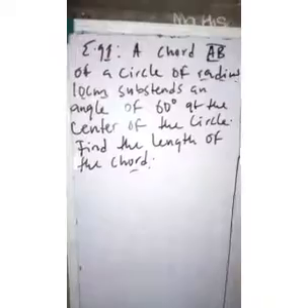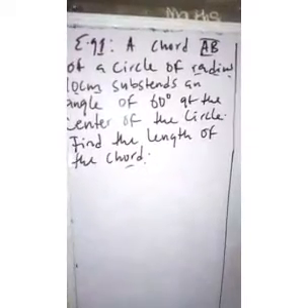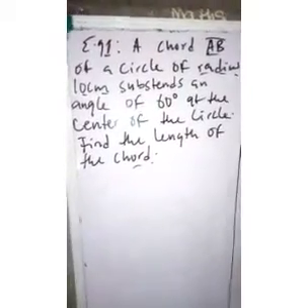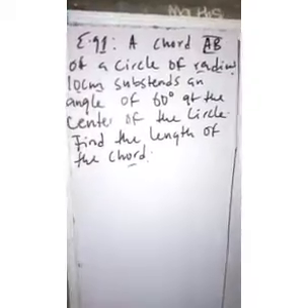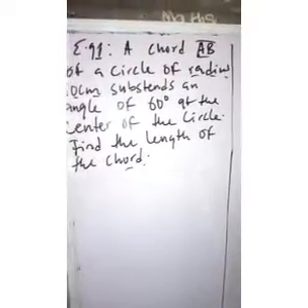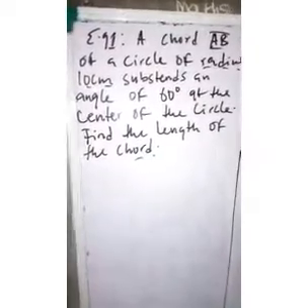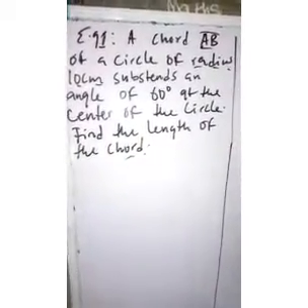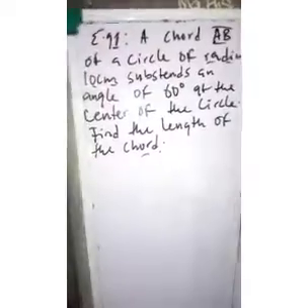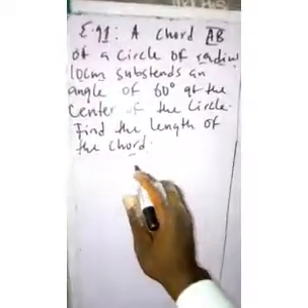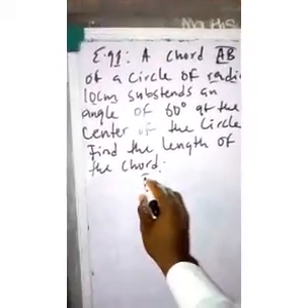So having known this, let's quickly look at example. The first example we are going to look at here says, example number 1. A chord AB of a circle of radius 10 cm subtends an angle of 60 degrees at the center of the circle. Find the length of the chord. Now let's quickly put down solution to this question.